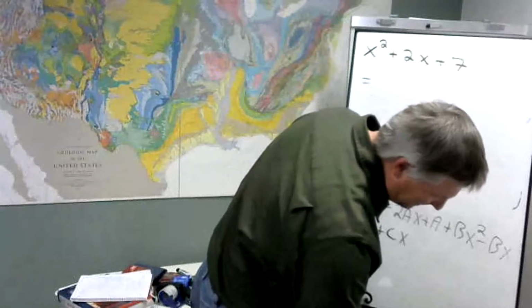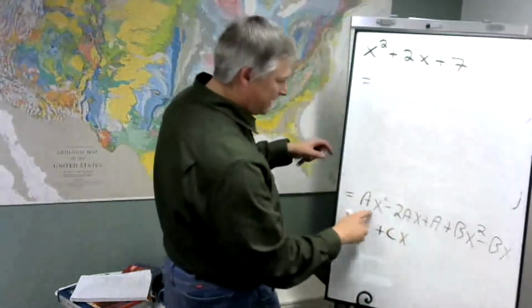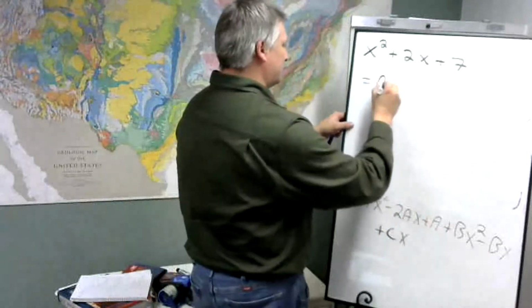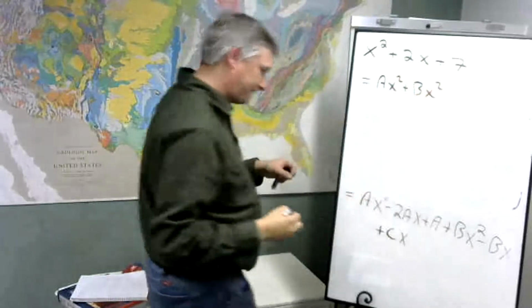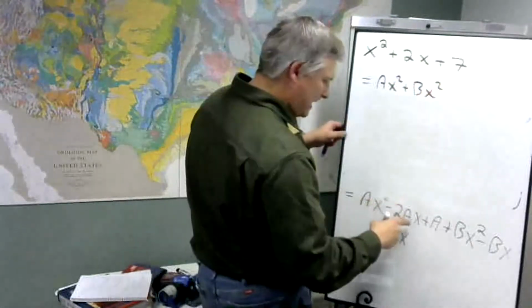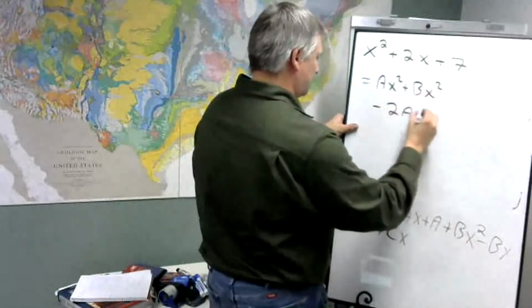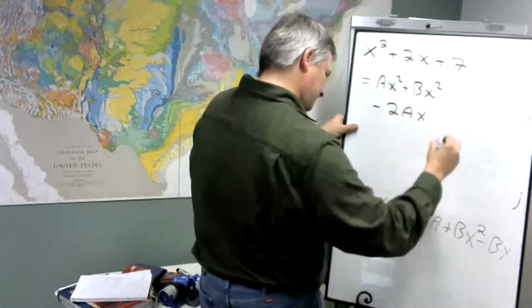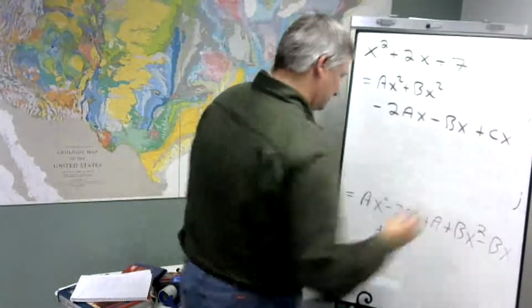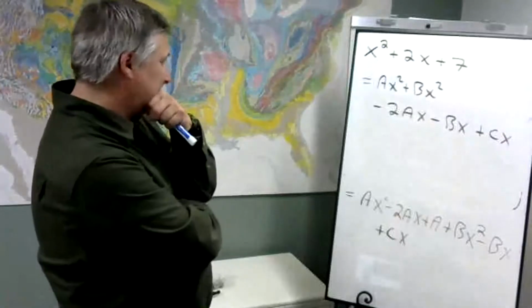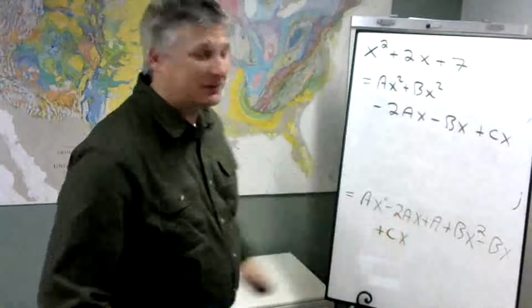Let's double check real quick. Yes. And so if we gather x squared terms, and then x terms, double check. And then one constant.